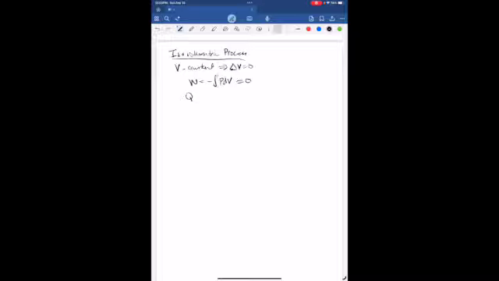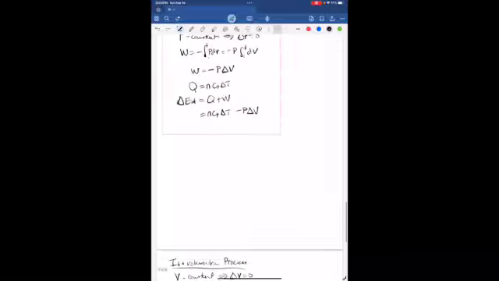The heat absorbed during an isovolumetric process for a gas is n Cv delta T, where Cv is the specific heat at constant volume for a gas. Now, of course, if it's not a gas, if it's a solid or a liquid, then the heat absorbed is mc delta T, where the c is the specific heat for the solid or liquid.